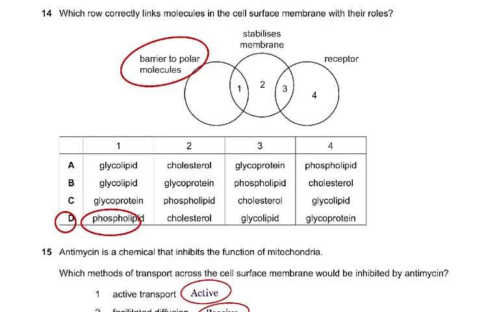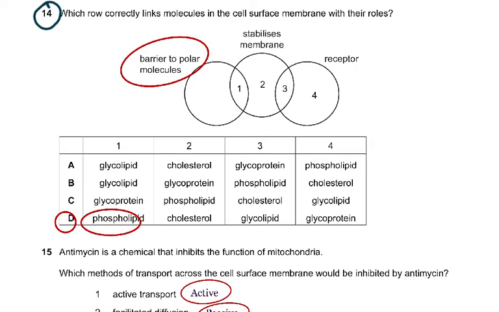Coming to question 14. If you look at question 14, which row correctly links molecules in the cell surface membrane with their roles? Barrier to polar molecules, stabilizes membrane, receptor. We have to understand 1, 2, 3, 4 and how they've linked it. So 1 could be what, which is common to the barrier to polar molecules?